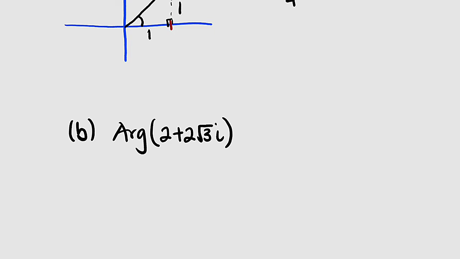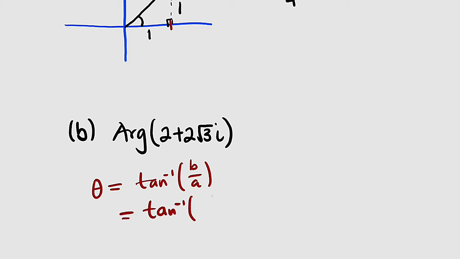All right, we have another problem here where we are looking for the argument of this complex number, 2 plus 2 root 3 i. We don't have to use any reference angle because this is in the first quadrant. Both real and imaginary parts are positive. So we can apply our formula directly. We have our angle equal to tan inverse of b divided by a. Let me even write it. This is equal to tan inverse of what? What is b? It is 2 root 3 divided by 2.